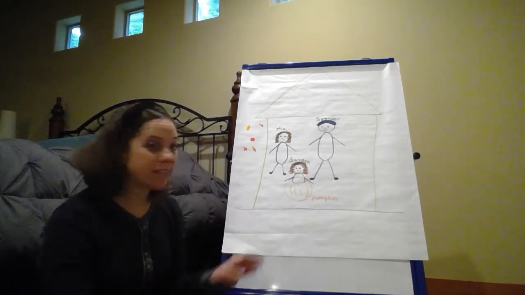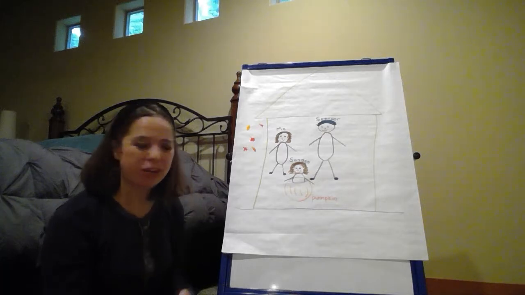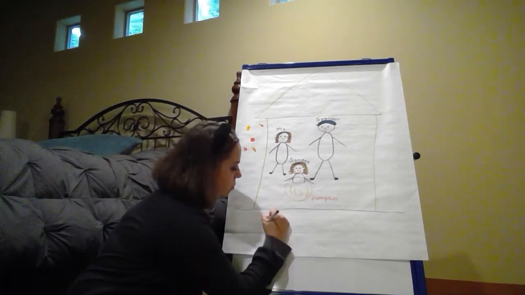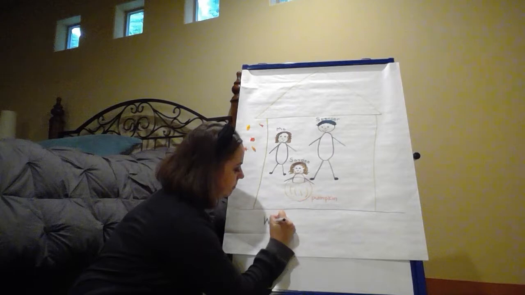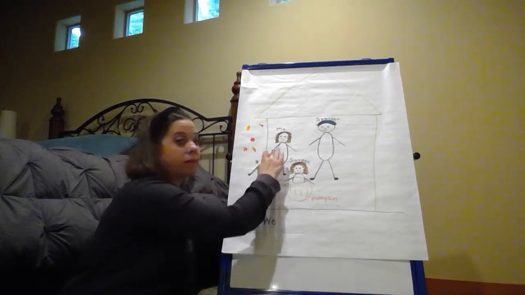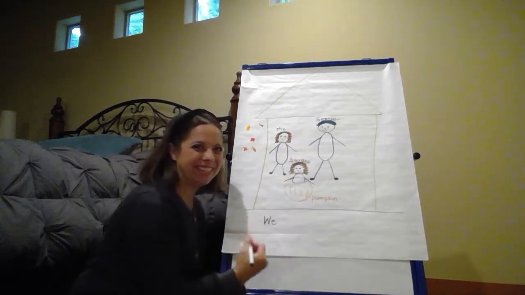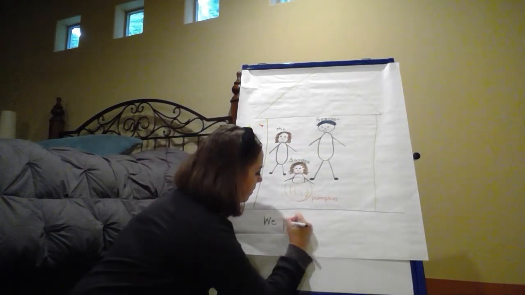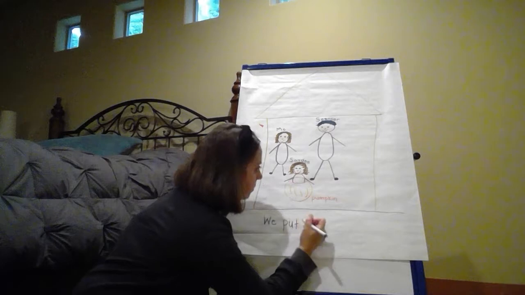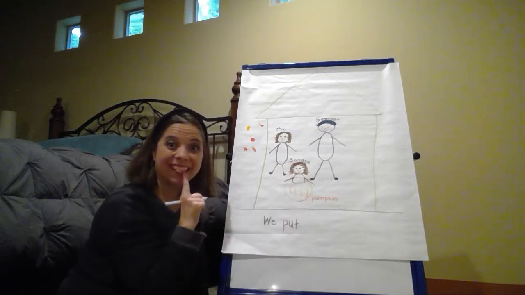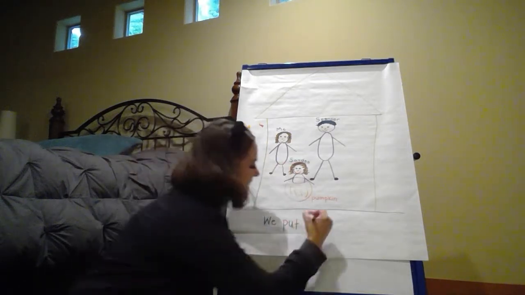So that's the words I'm going to choose to write below the picture. We, and I'm writing the story, so we know the we is me and Spencer. We put who? Sadie.